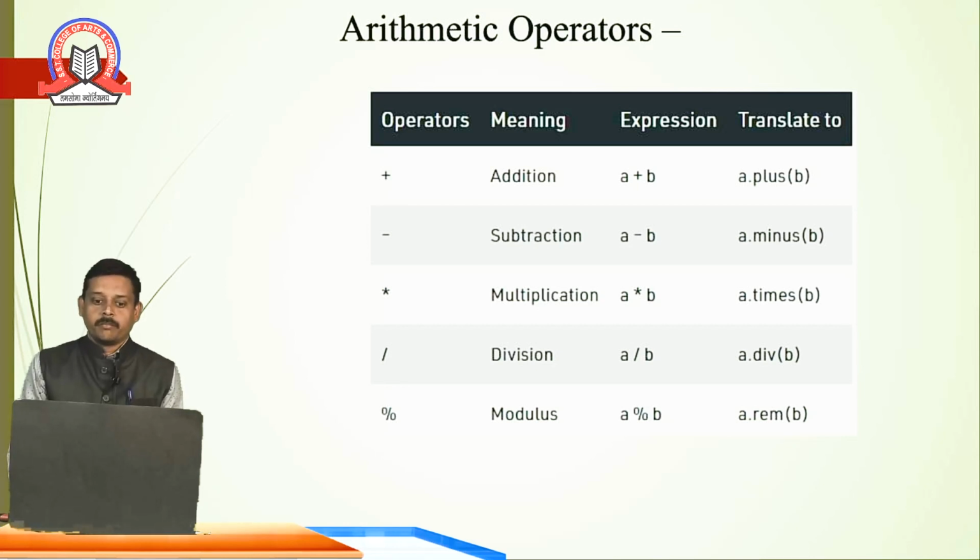Similarly, subtraction is a minus b, or a hyphen b. Then for multiplication, a asterisk b, that is a times b. Then slash is used for division, that is a slash b, a divided by b, and modulus, that is a mod b, or we can say a percentage b or a rem b.